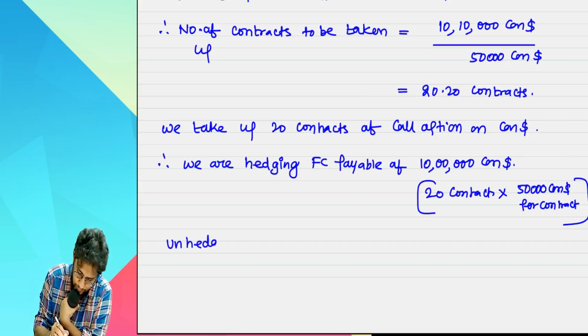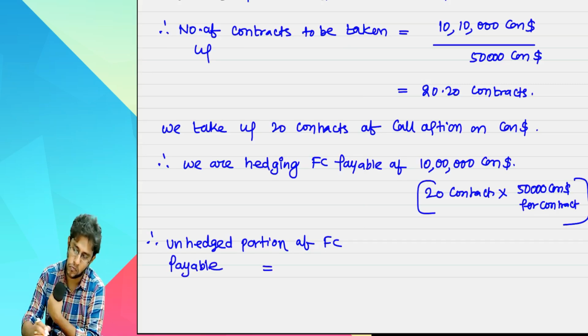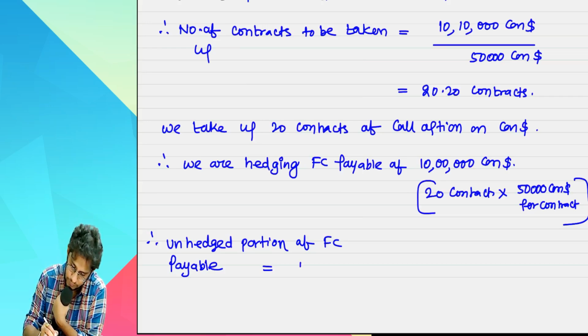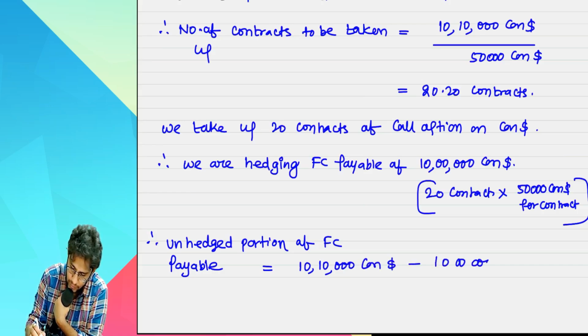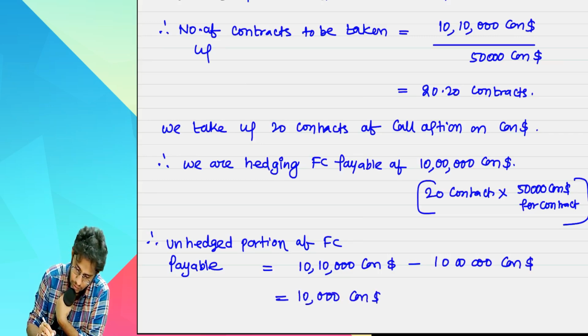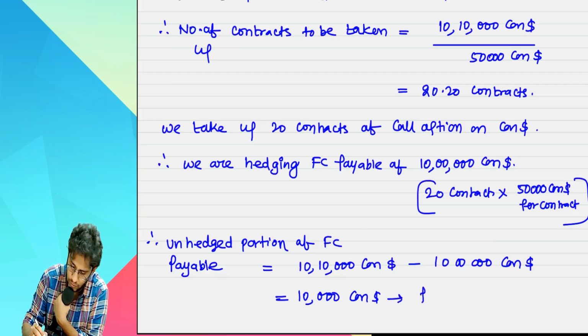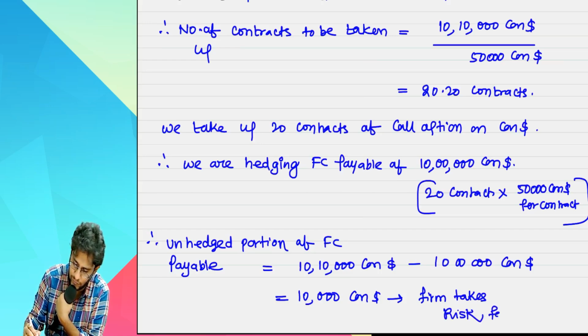Unhedged portion of FC payable is equal to 10 lakh 10,000 CAN dollars minus 10 lakh CAN dollars, which is 10,000 CAN dollars. The firm takes the risk for this.